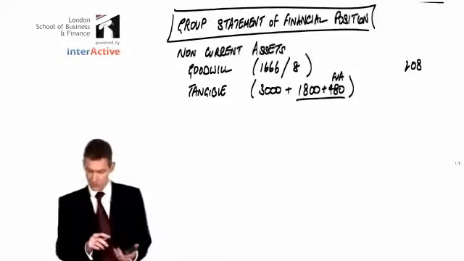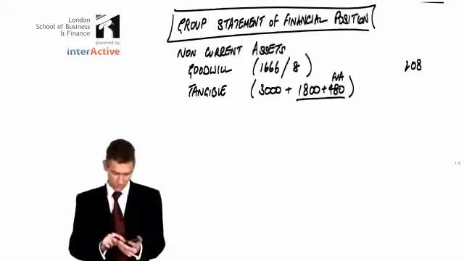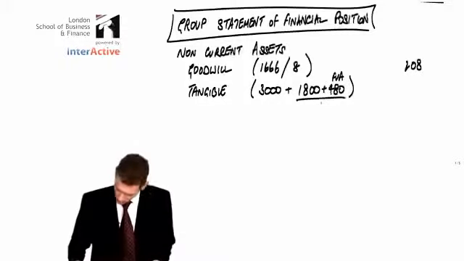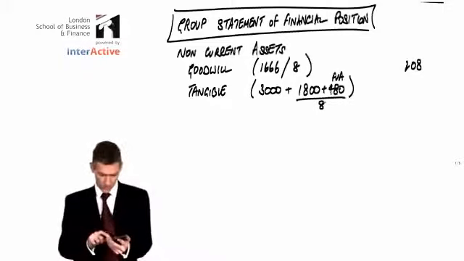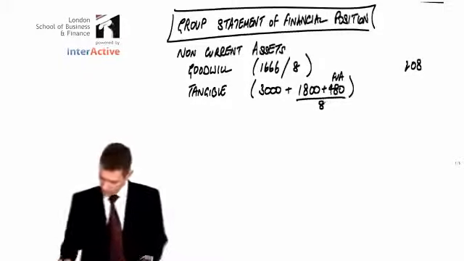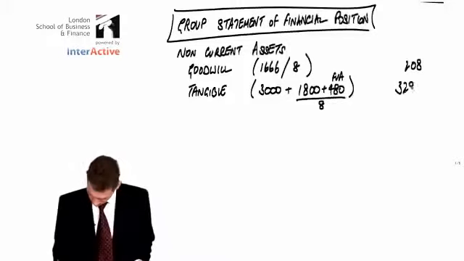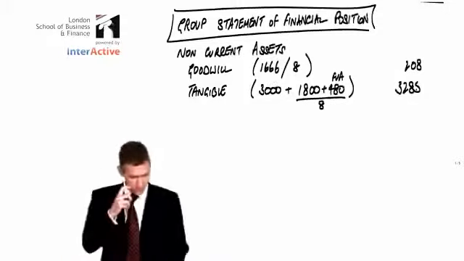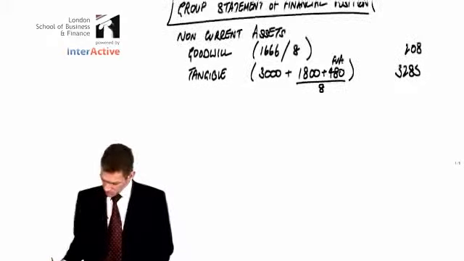So what does that give us? 2280. 2280 divided by, what was the rate? 8, wasn't it? 285 plus 3,000, 3285. Yeah, nice. Current assets.